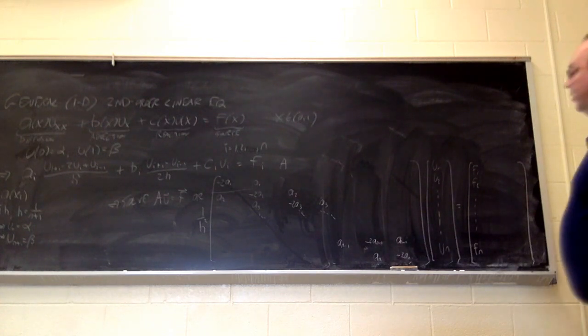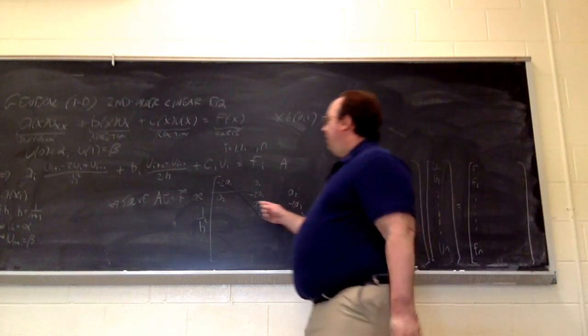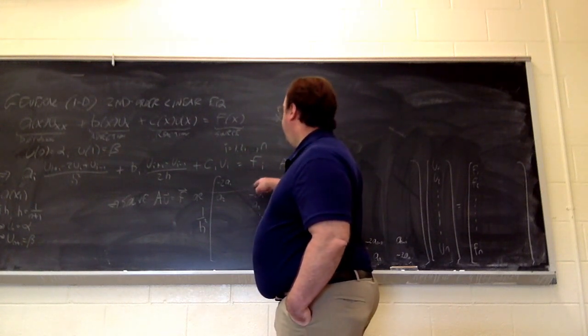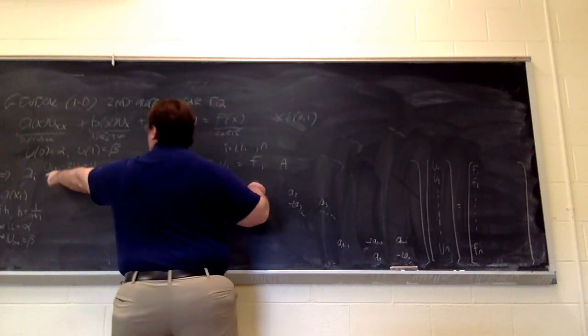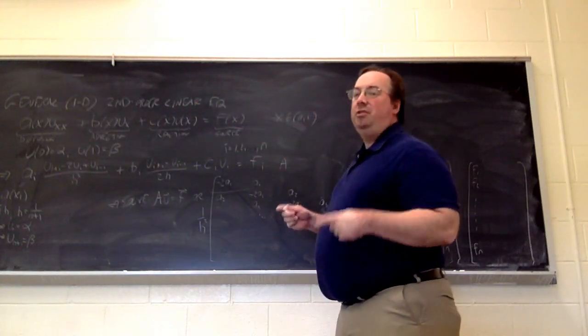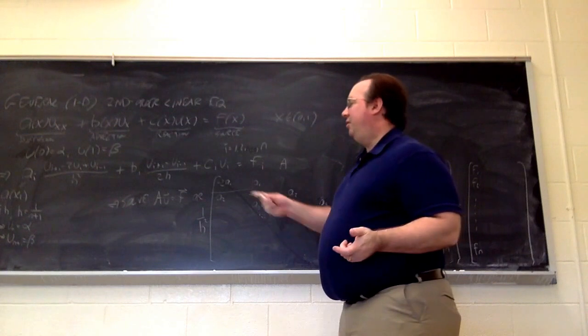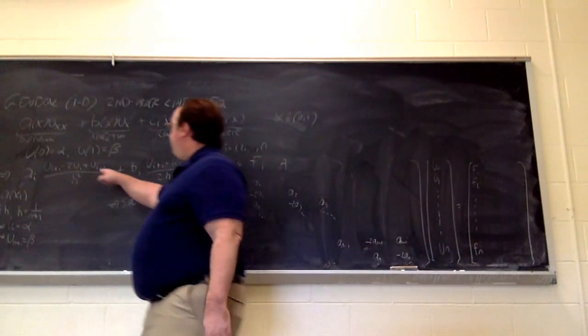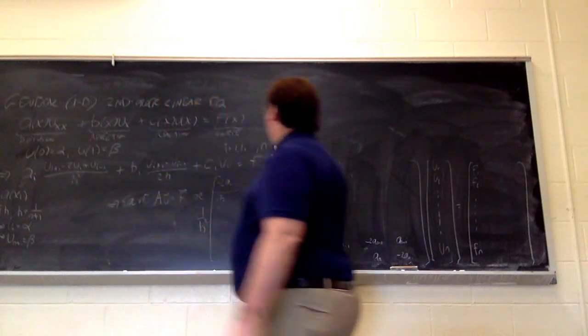Now, let's go back to i equals 1. So we have a1 times u2 minus 2u1 plus u0, but u0 is not among our unknowns, and u0 is equal to alpha. So that term needs to be moved to the other side.